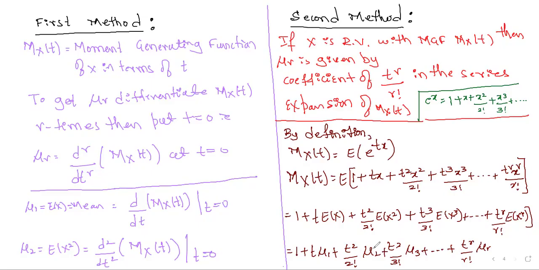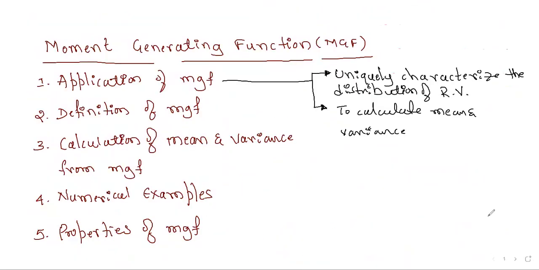This is the second method. If you do not understand, don't be confused. When we solve the numerical examples, you will get to know it easily. So this is the method to get the mean and variance from the MGF.